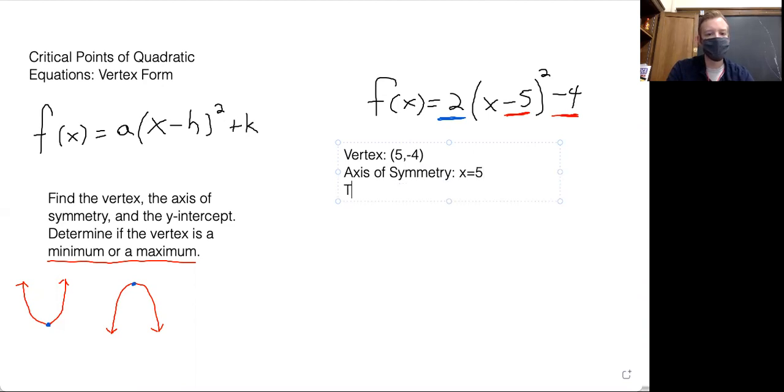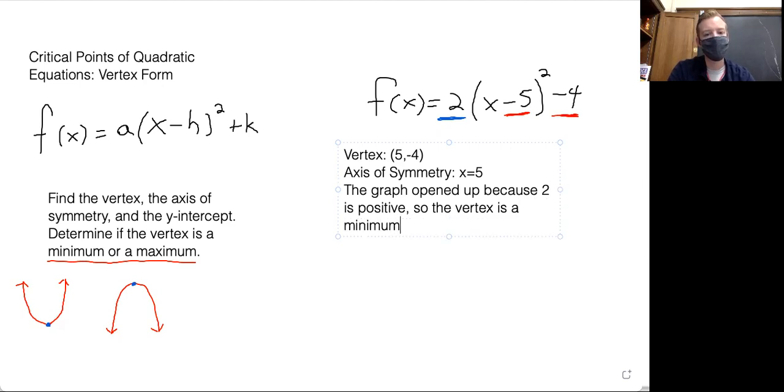We said that the graph opened up because of the +2. So the vertex is a minimum. And we also said the y-intercept is the point 0, 46.